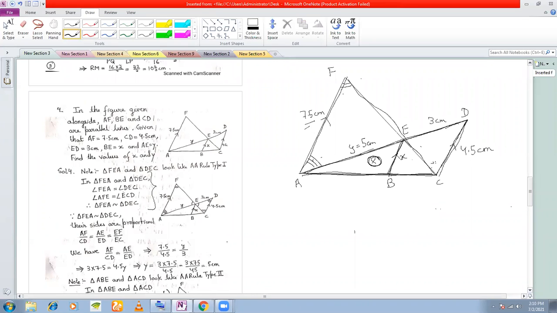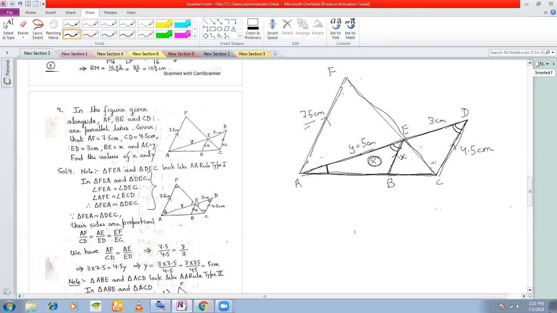So therefore, how will you prove the similarity of this? This is a common angle, right? These two angles are corresponding angles. So therefore, these two angles are equal, and therefore two angles of the two triangles are equal. That means they are similar, right?